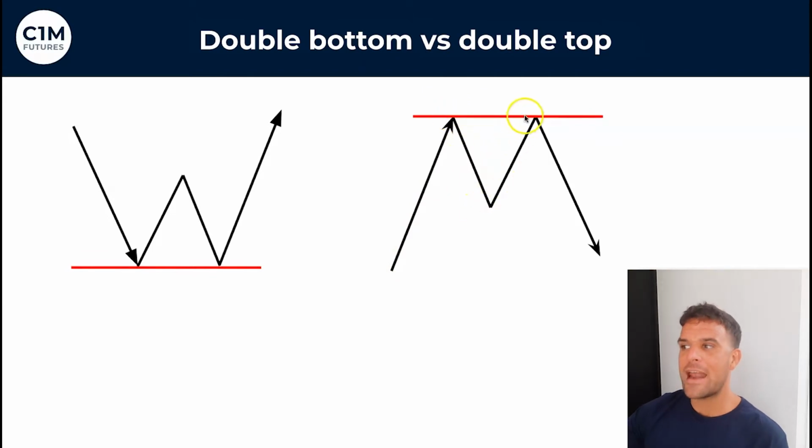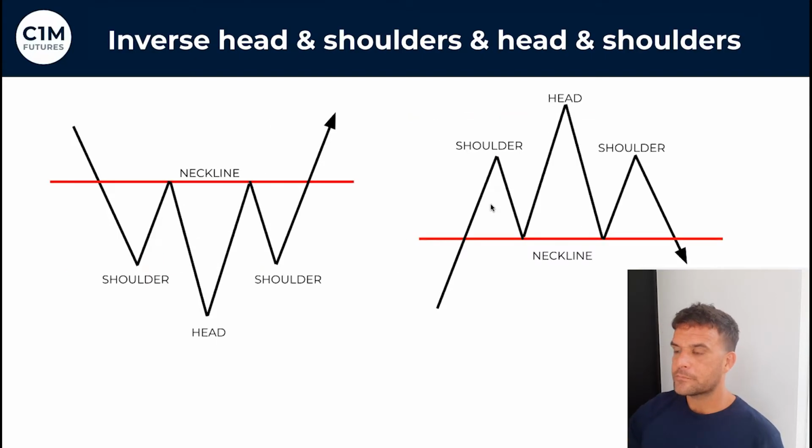It tries again to push through, but it can't. So it not only comes down, but it actually comes down lower than the previous low. When it starts to hit new lows compared to previous lows, then you should be thinking, right, it's really lost this upwards momentum. It's starting to come down.